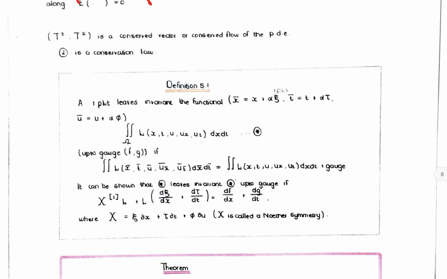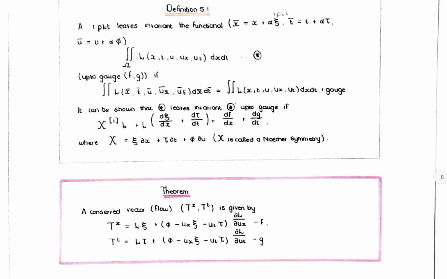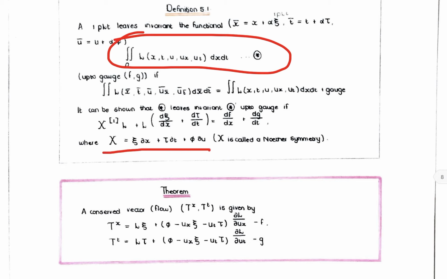As before, we could take a Lagrangian and find the vector fields that leave invariant the action integral, and it turns out, as in the ODE case, a vector field that leaves invariant the action integral for a given L, where the vector field is as before, would satisfy this equation if we consider a gauge term, but of course here the gauge term would be a vector.